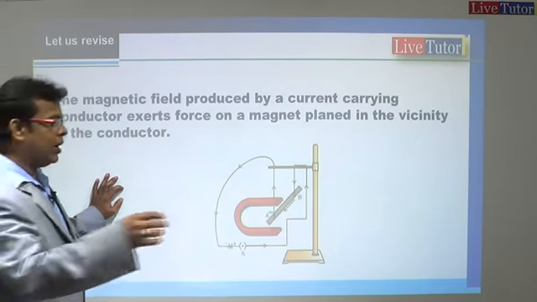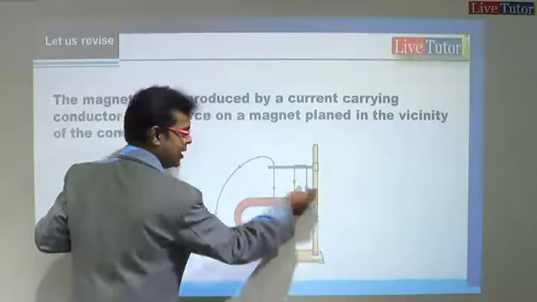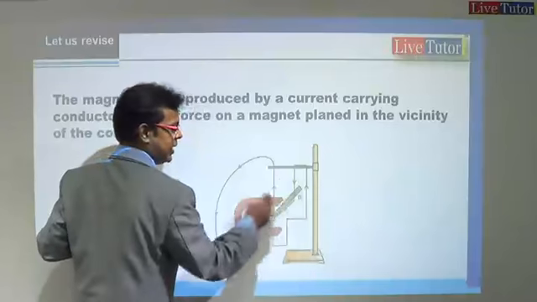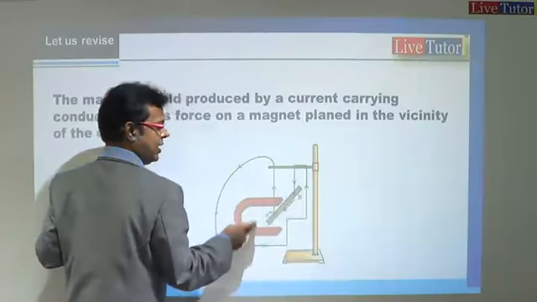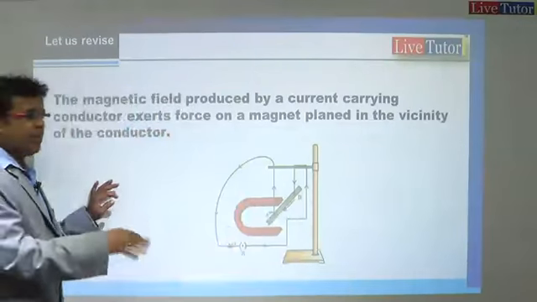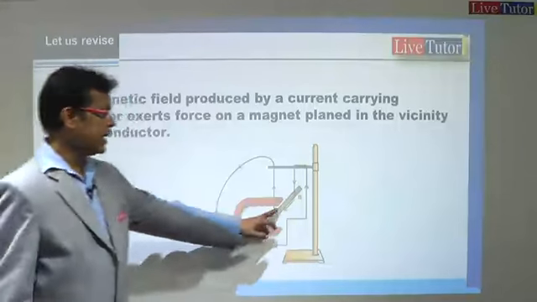Surrounding, or the region which is within that. The magnetic field will be experienced or exerted by this rod which is carrying current. So within that vicinity only the magnet should be kept. So if it is kept within the vicinity, what will happen? It will exert a force on the current carrying conductor.